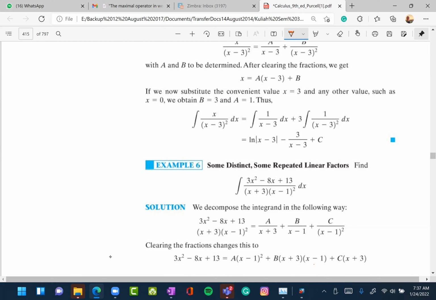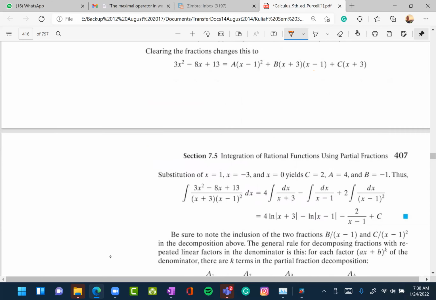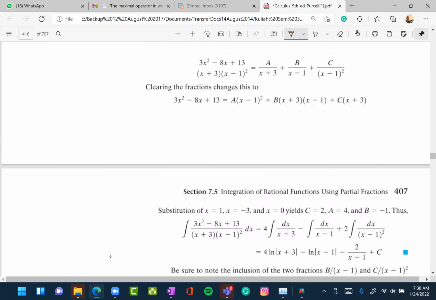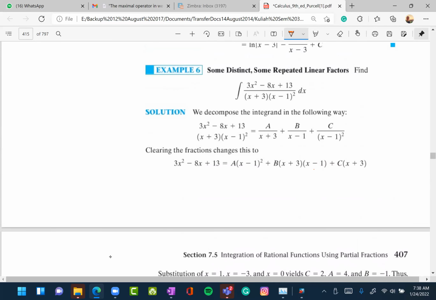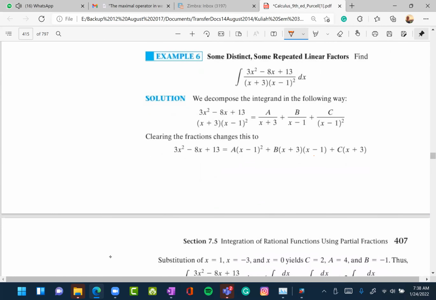So the x squared coefficient should be 3, the x coefficient should be negative 8, the constant should be 13. You can just solve it using Maple or whatever. I'll show you with Maple.